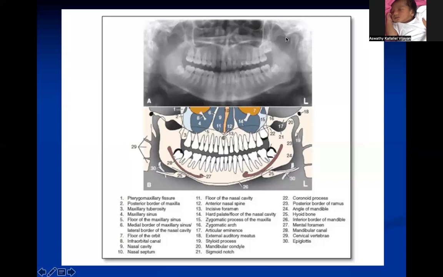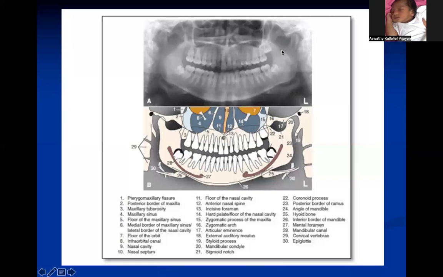Then the articular eminence. Then external auditory meatus, this side also. Then styloid process. Here is the region. You can appreciate it in this line diagram. Then the mandibular condyle, condylar head. Then we have the coronoid process.